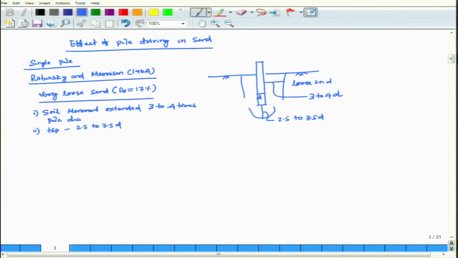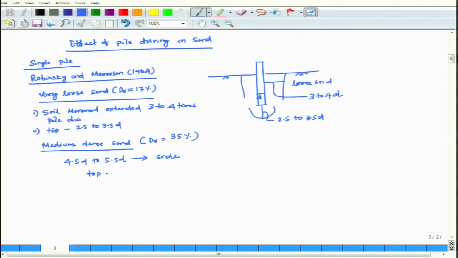Similarly, in medium dense sand, where the relative density is 35%, in that case the side will be between 4.5 D to 5.5 D, that is your side part, and at the tip 3 to 4.5.